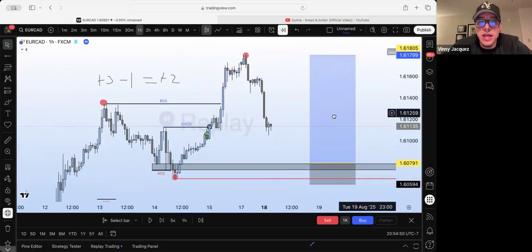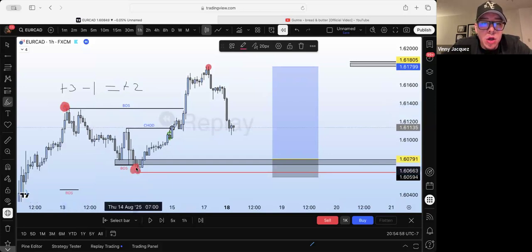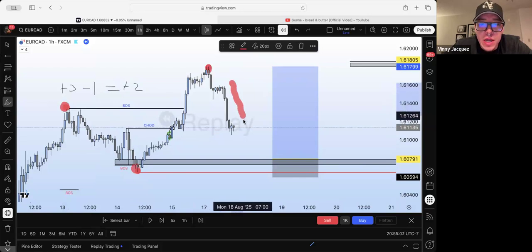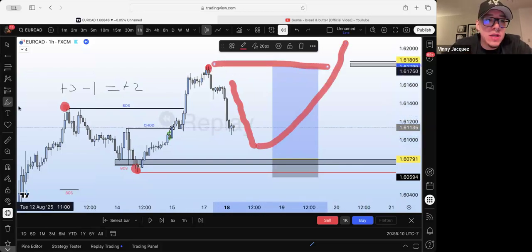Again, guys, if you understand structure as a whole, if this is my higher high here, higher high, higher low, higher high, it's okay if the market wants to make its way down lower. But as soon as we stop and start going higher, we are aiming to make new highs. Give me a 3 if that makes sense.